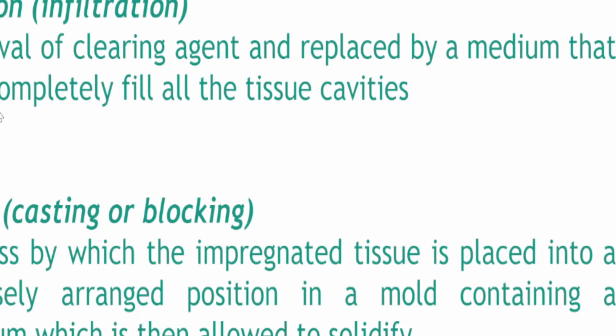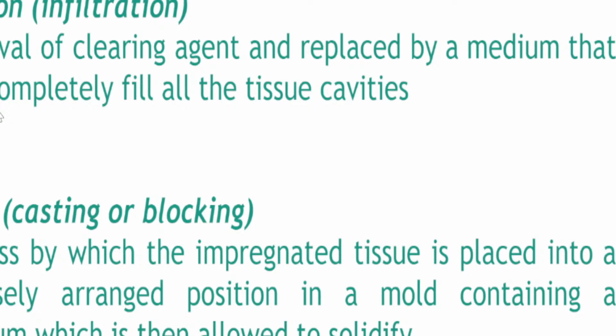The tissue you're impregnating becomes free of the clearing agent because of the impregnation bath, or the infiltration bath. Soaking it in melted paraffin is a process within itself, and its purpose in impregnation is to remove the clearing agent and replace it with a medium that you can use for cutting the specimen.